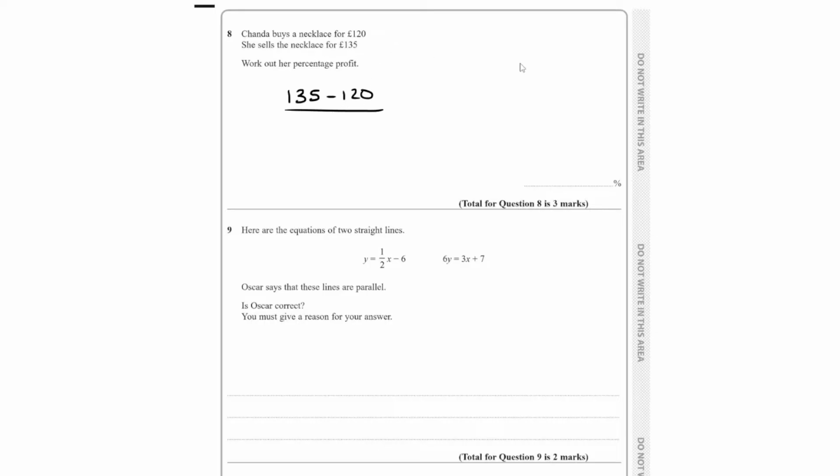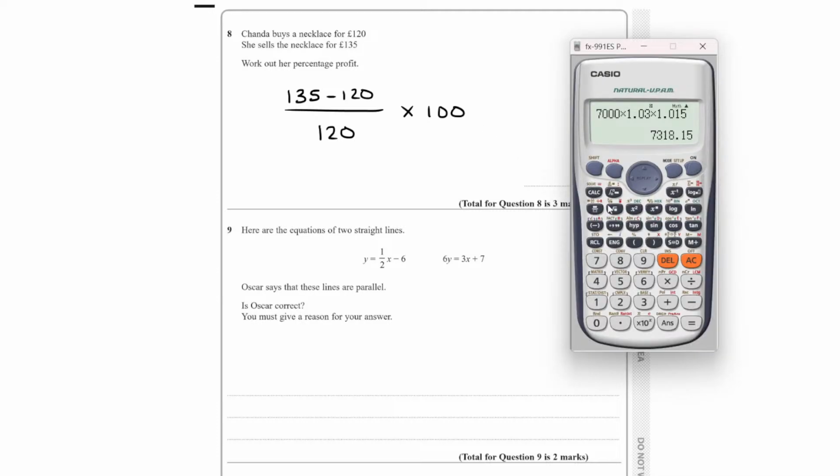So the original, if you think about the timeline, is that she obviously bought it before she then sold it. So the original is always the cost, or whatever she's bought. And then you're going to times it by 100 to make it into a percentage.